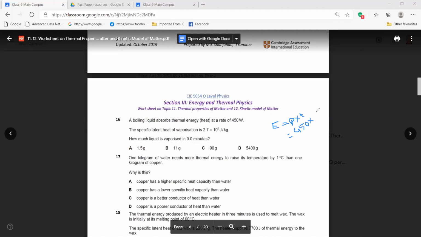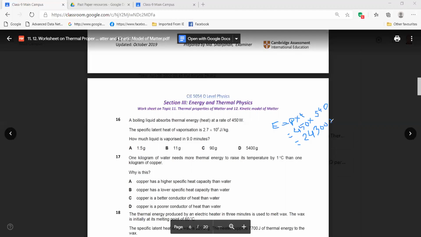540. Then if you multiply 450 and 540, you get the energy. How much is it? 243,000, and this unit is joules.